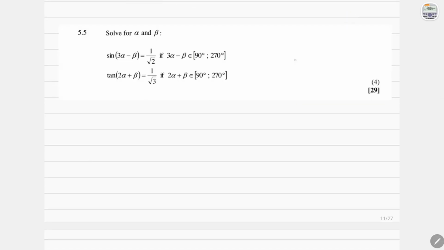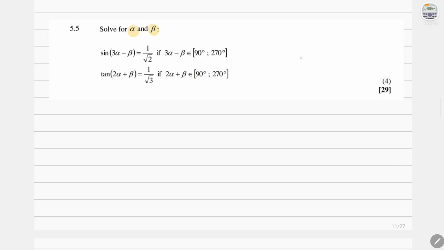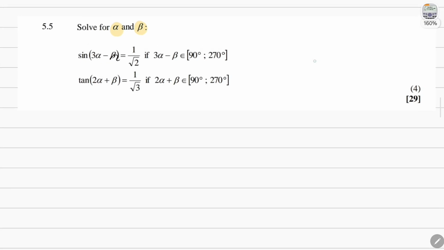Question 5.5 says solve for alpha and beta, and we are given that sine 3 alpha minus beta equals 1 over root 2 if 3 alpha minus beta is an element of 90 degrees to 270 degrees. So we're just going to have to see which quadrant it lies in.